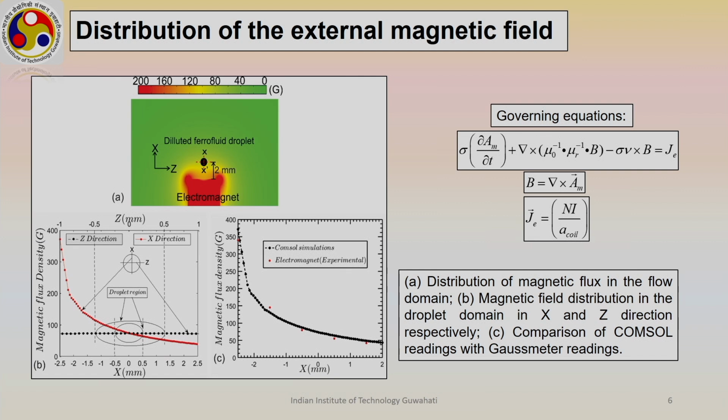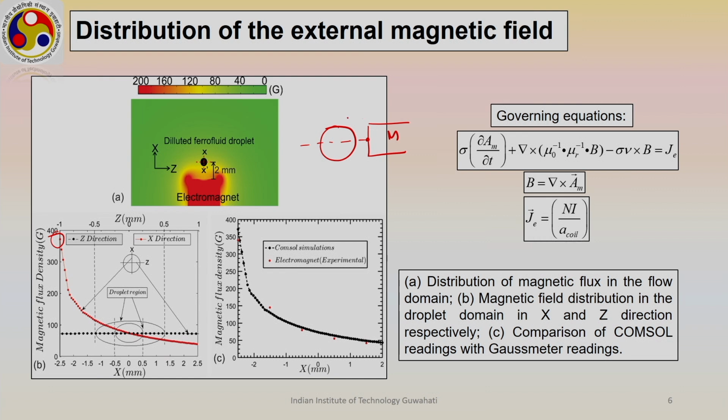This is the starting point, just at the outer surface of the magnetic core. This is the droplet domain and this is the magnet. Here the magnetic flux density produced is near about 400 Gauss.